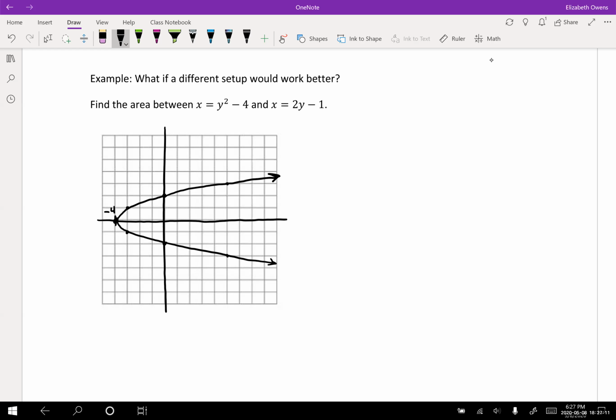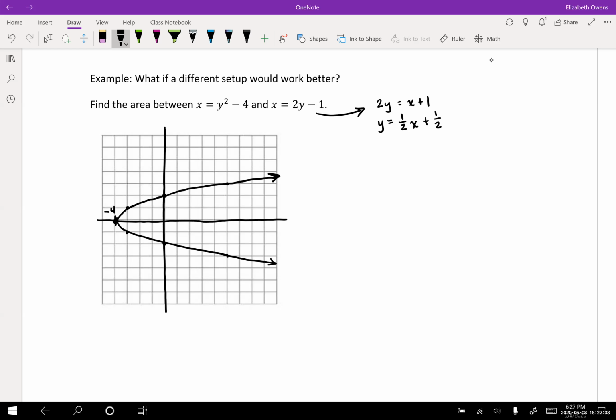Okay, now for the next one, x equals 2y minus 1, that's still just going to be a line. And actually, we could figure out what that line looks like. We could solve this for y just to see a little better what that's going to look like there. 2y would equal x plus 1. So y is going to be 1/2 x plus 1/2.